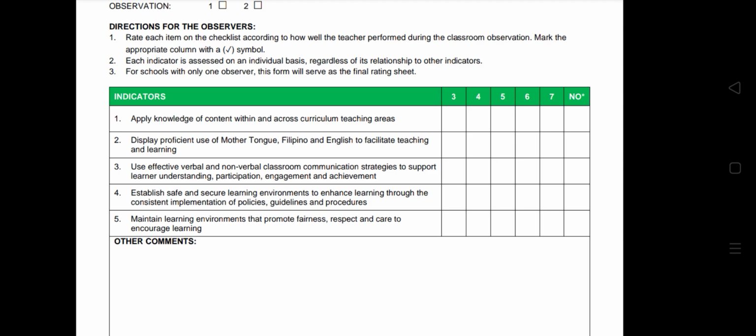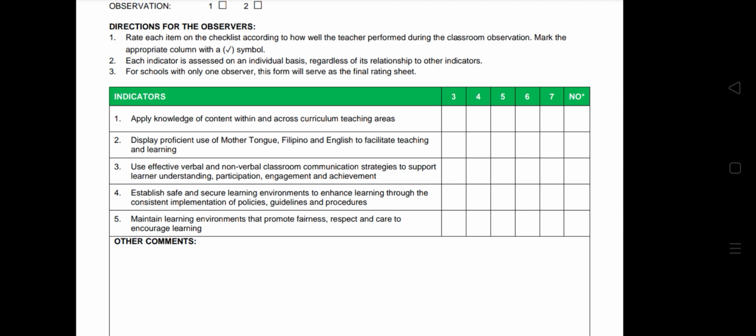That creates a conducive learning environment that enables an in-depth and sophisticated understanding of the teaching and learning process to most individual or group learning needs within and across curriculum teaching areas.